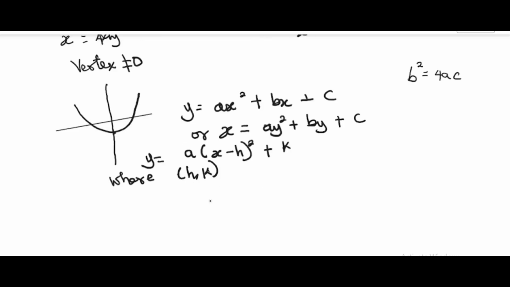Now, to find the vertex, first find your x coordinate. When you find it, input it into the function and find the y. So the x coordinate is x equals what? Minus b over 2a. I hope you know what this minus b over 2a is: the equation of the line of symmetry. Beautiful.